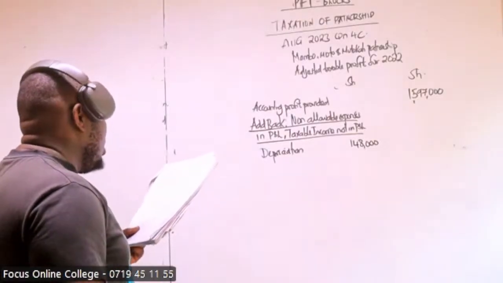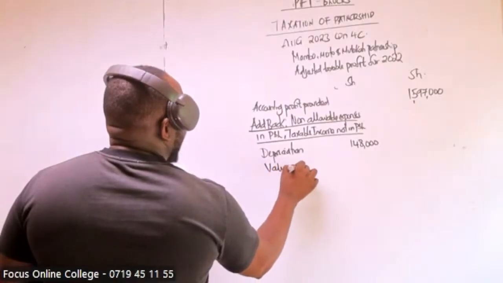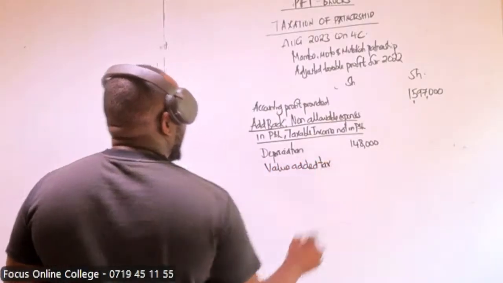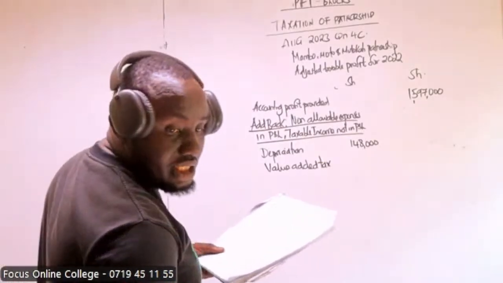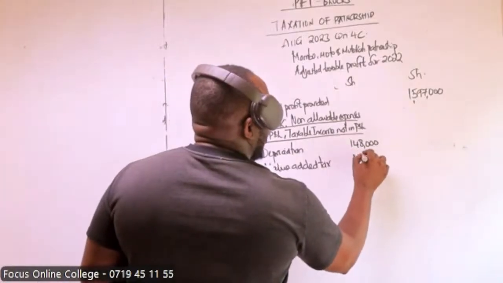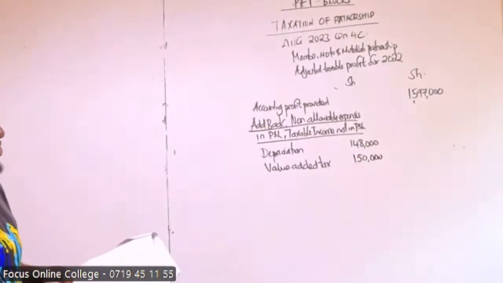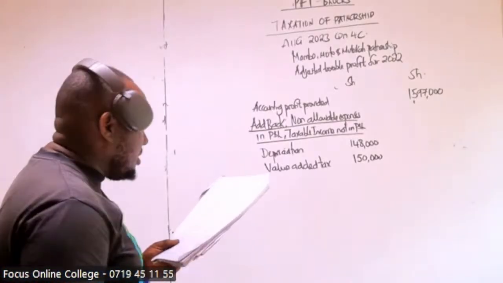The next we have is value added tax. What is the figure for the value added tax? I hope it is 150. Value added tax, that is 150.